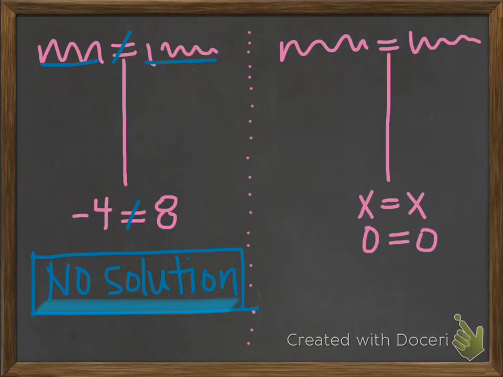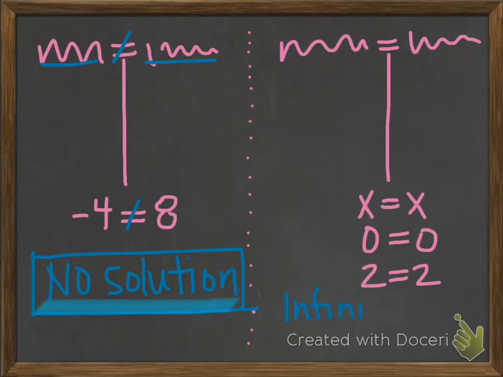Or maybe you get 2 equals 2. So you don't really get a variable equals a number. You actually get two things that are exactly the same on either side of the equal sign. This is called an identity. What this means is that there are infinitely many solutions.